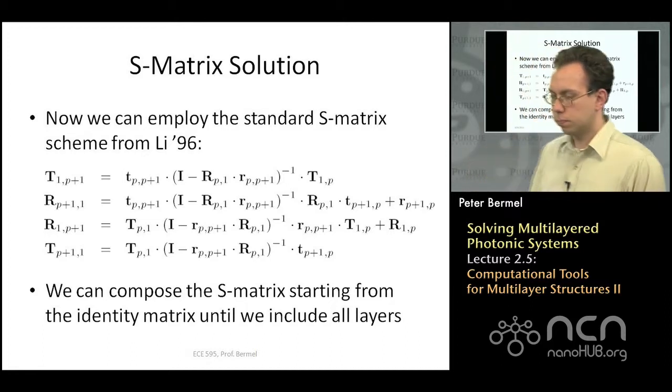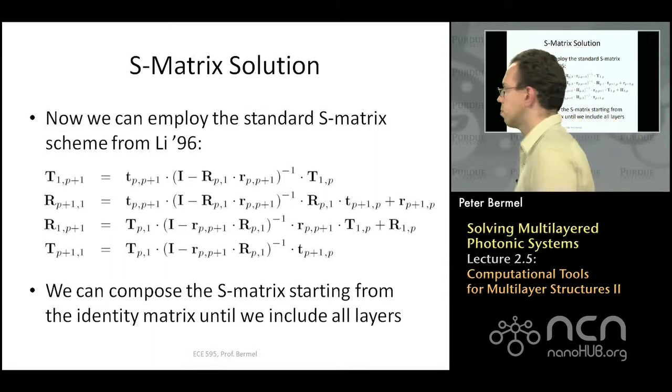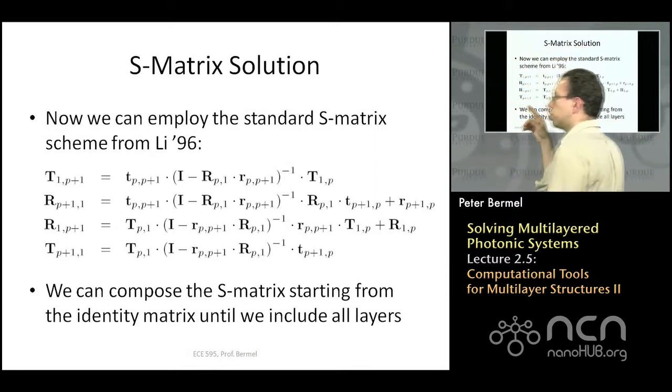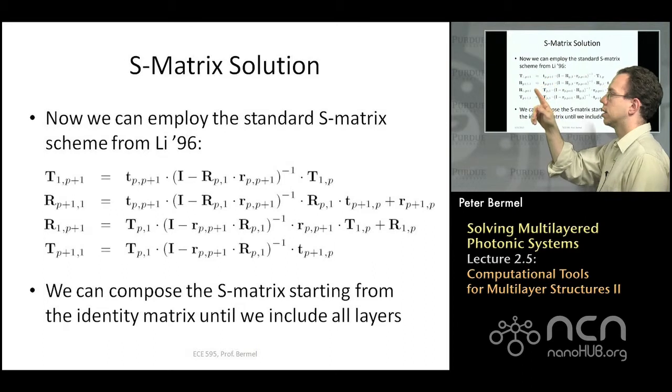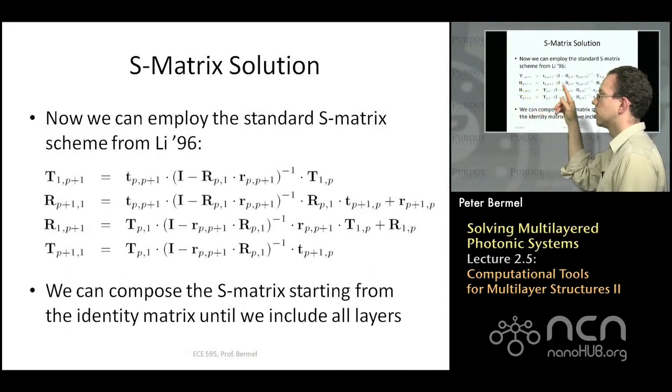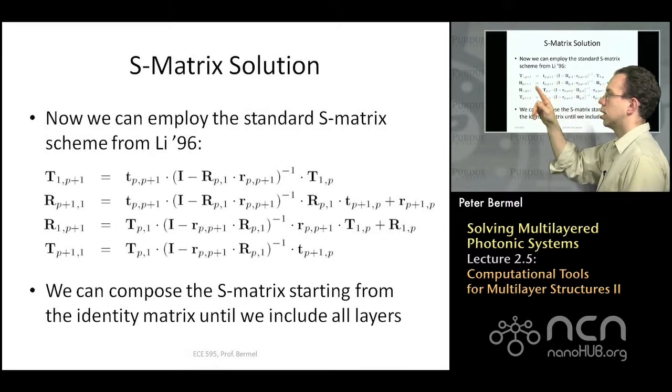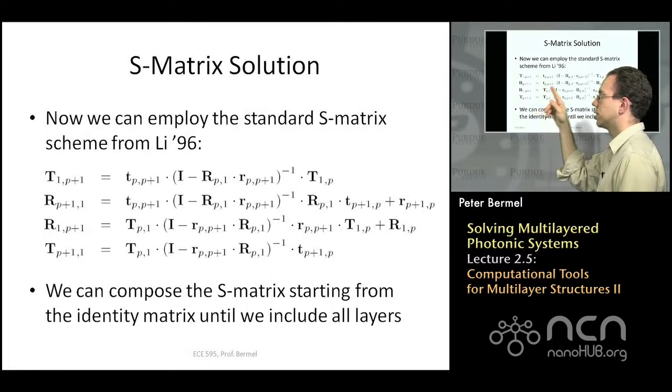In this case, we're basically assuming that we already know these Rp plus 1 and Tp1 terms. So these are our assumed S matrix, and then we're calculating this Tp plus 1, Rp plus 1, etc. The indices just indicate which direction we're going, whether from P to P plus 1 or vice versa.